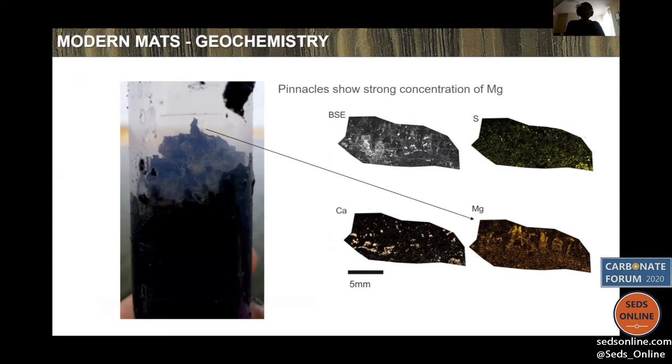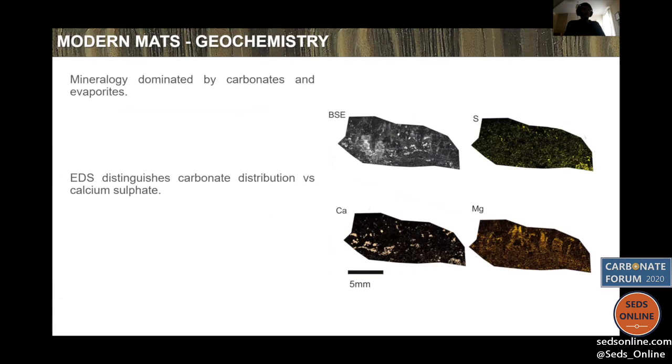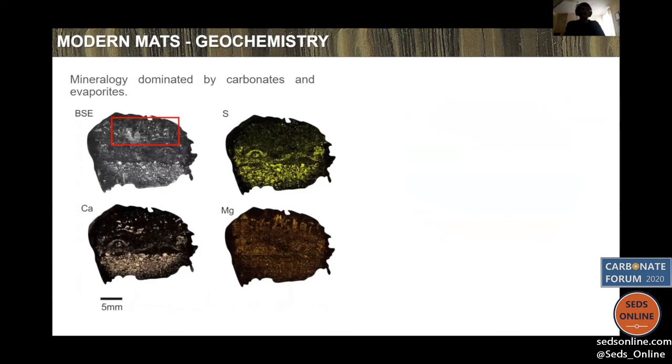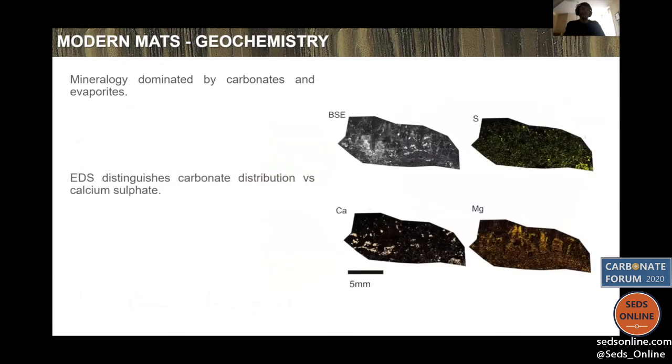Yeah. So in this case, as far as I know, if you look at the overall XRD, this is actually from the same sample, I believe, but I'm attributing the Mg to be coming from the aragonite and potentially high Mg calcite. It's interesting that we don't actually see any calcium at the top there, as you can see in that bottom left scan.